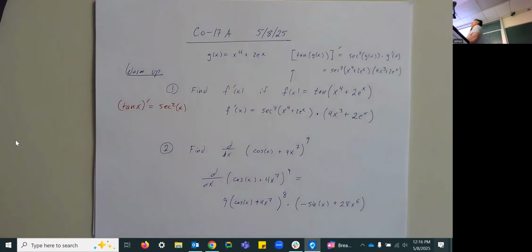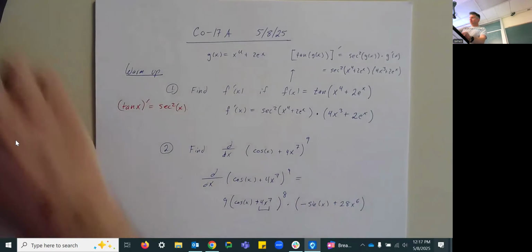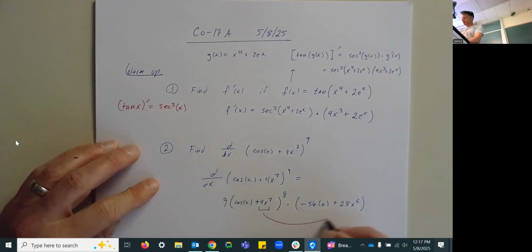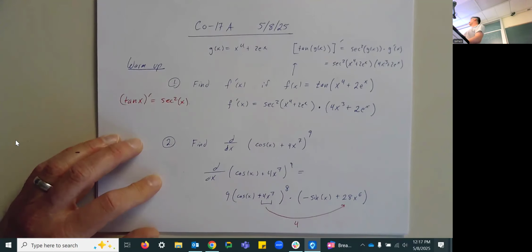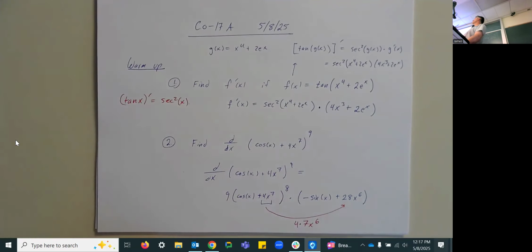Where did 28 come from? Good question. Where that came from was that when we differentiated 4x to the 7th, the 4 hangs out. And what's the derivative of x to the 7th? 7x to the 6th. So we get 4 times 7x to the 6th, and 4 times 7 is 28.